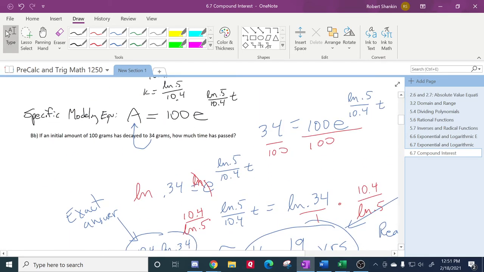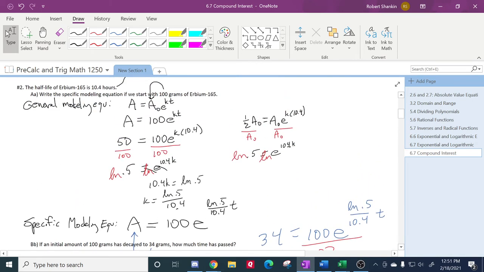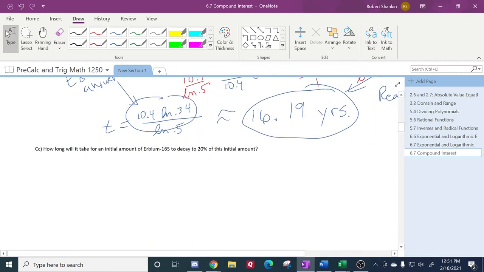Okay, so the specific modeling equation was this. So I'm going to start with that. equals, but instead of 100 as the original amount, they don't tell us this time.